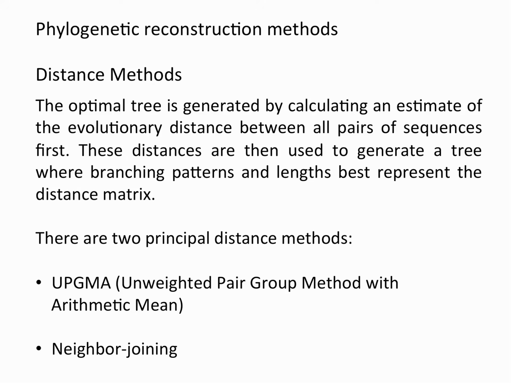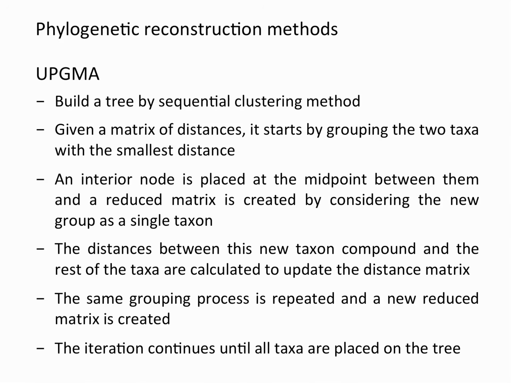There are two principal distance methods: the UPGMA, unweighted pair group method with arithmetic mean, and the neighbor joining method. The UPGMA method builds a tree by a sequential clustering method which consists of several steps.